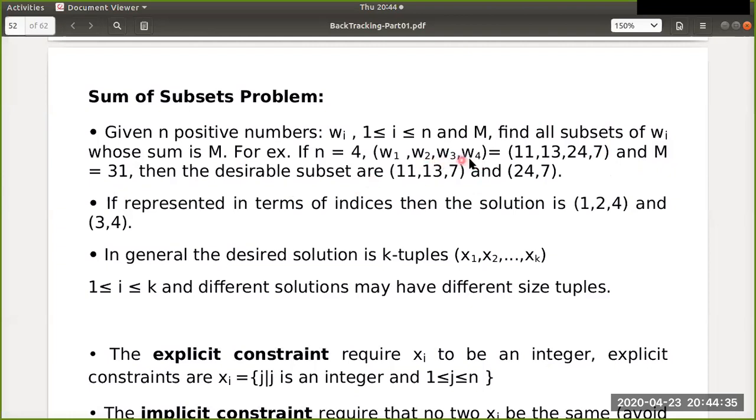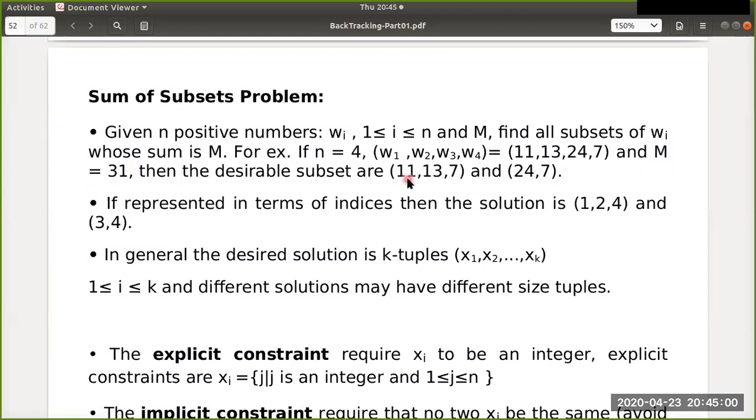I want to find out the weights of which items sum to 31. It is not compulsory for all the items to be included.